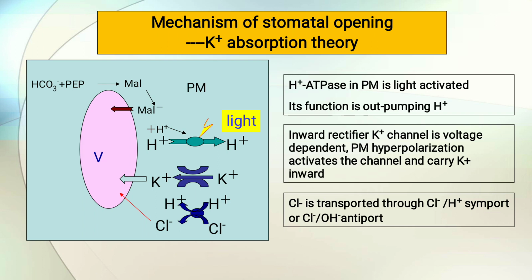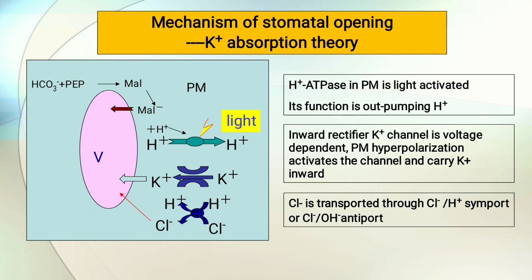Then in this slide we see the mechanism of stomatal opening, that is, the potassium ion absorption theory. H plus ATPase at the plasma membrane is light activated. Its function is outpumping the hydrogen ions.